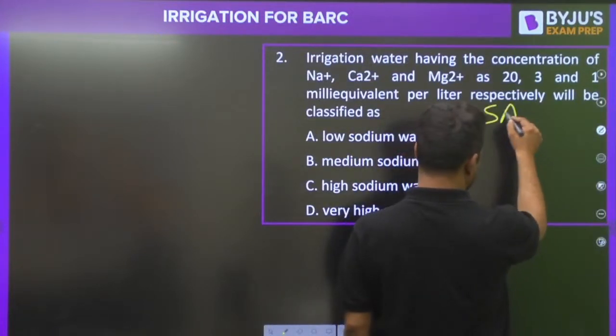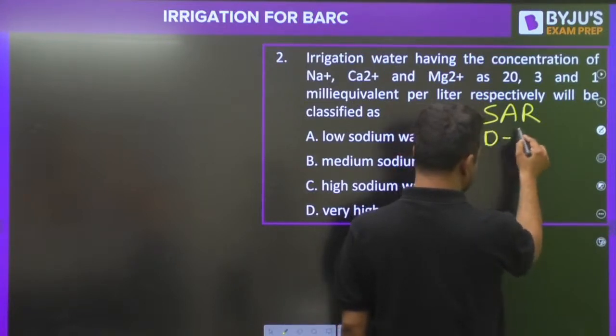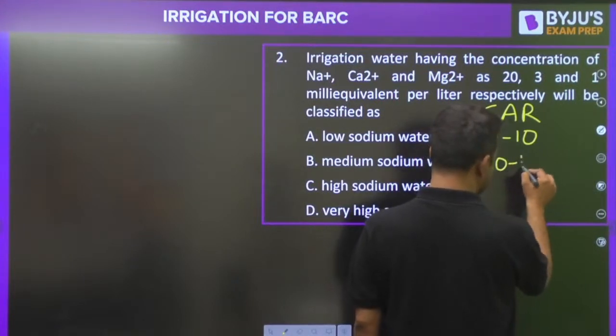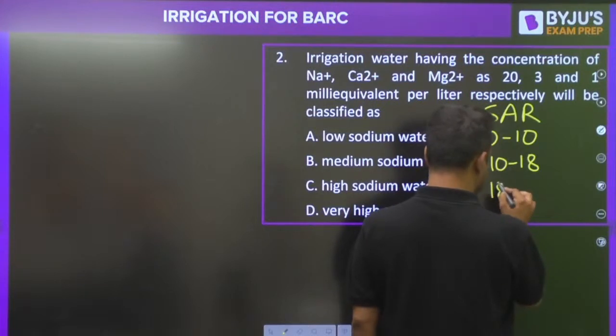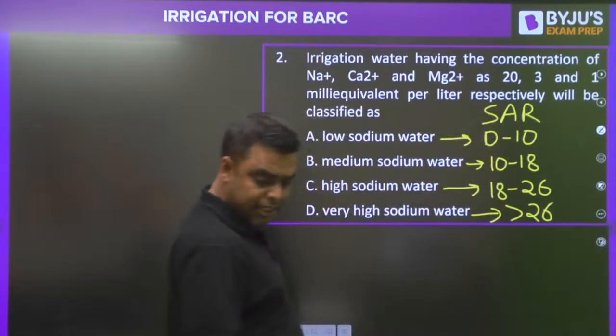SAR value for low sodium water is 0 to 10. For medium sodium water is 10 to 18. For high sodium water it is 18 to 26. And this one is greater than 26. This is the range.